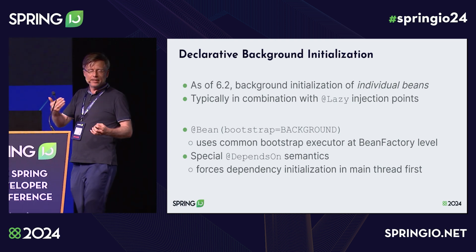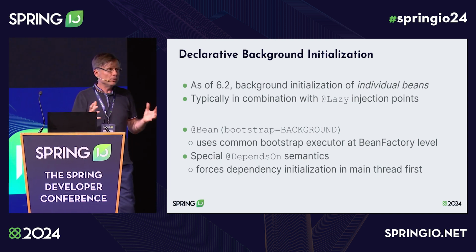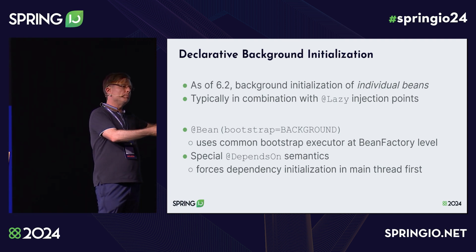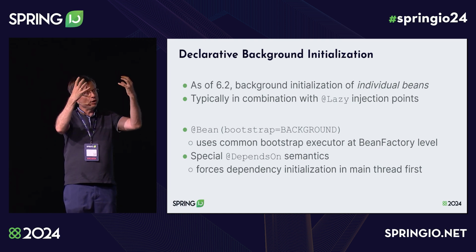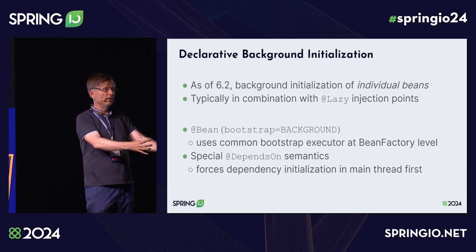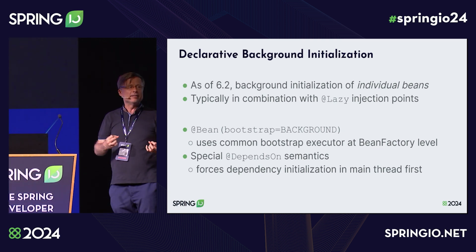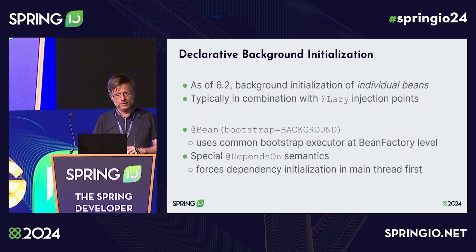And you typically do this, just like for JPA entity manager factories, if you know that that particular reference is only going to be used later on. You accept it in the constructor or in the factory method, you store it in a field, and you know you're only going to use it later on. Then and only then, background bootstrapping for that target bean might make sense.